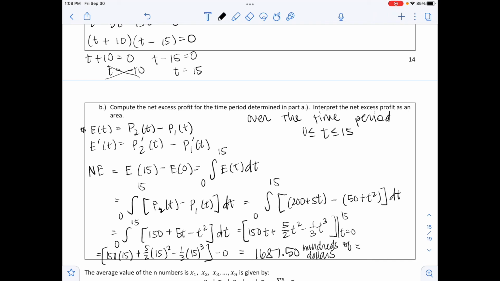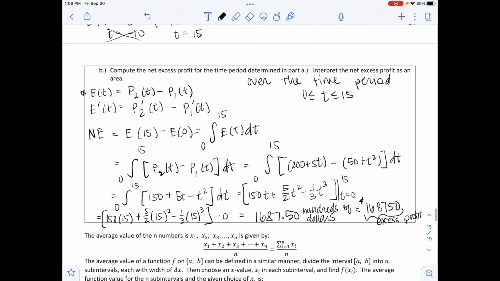Or we can multiply by 100 and we get $168,750. And this is going to be our net excess profit. And so again, this is the area between the profitability curves.